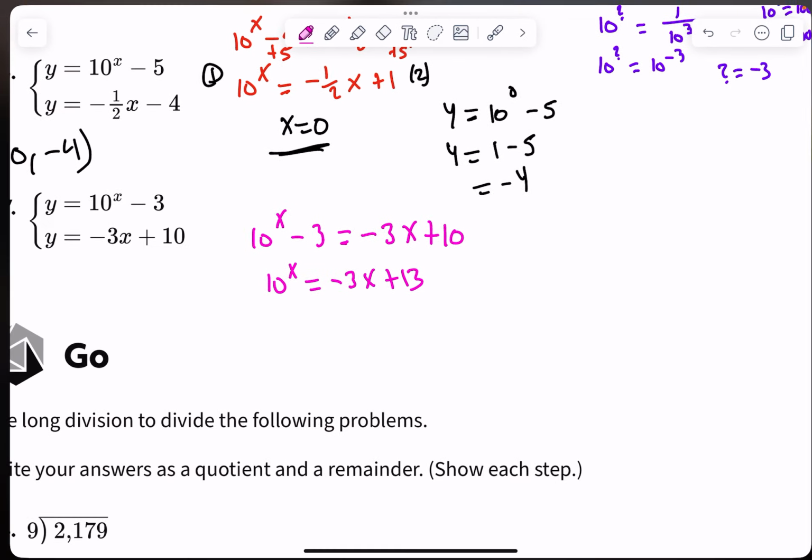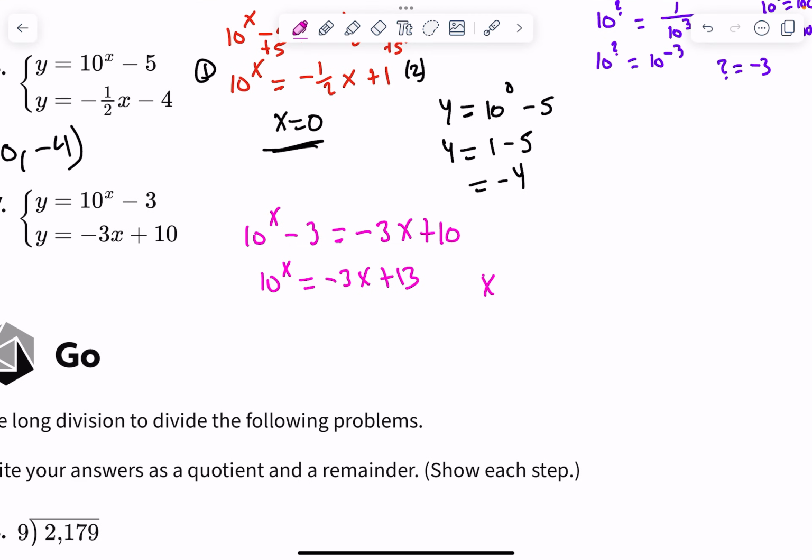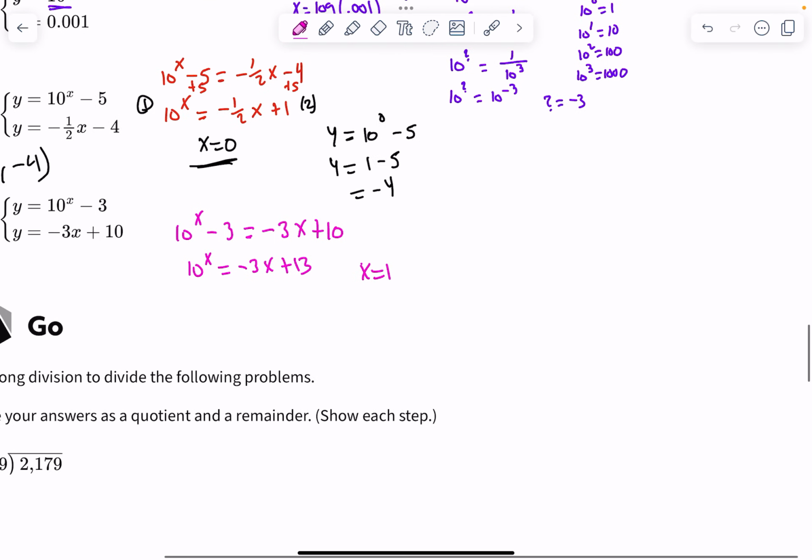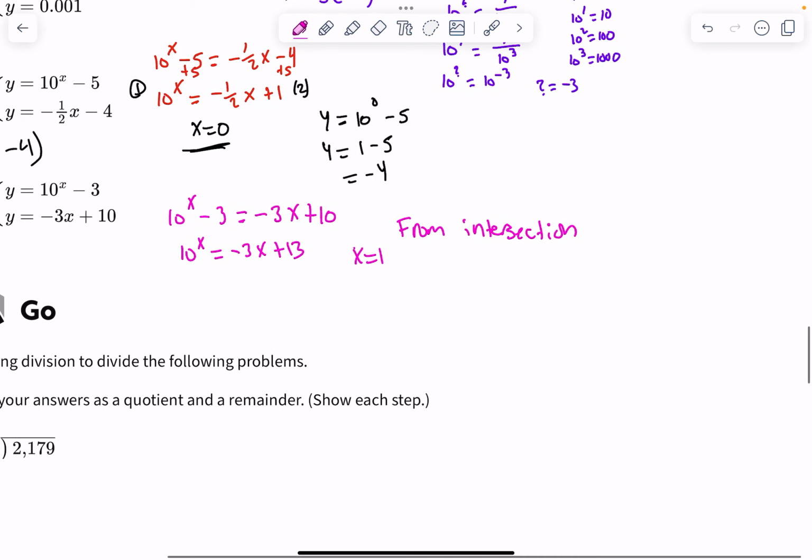So x is equal to 1 from the intersection. You get that by doing second trace, intersect.